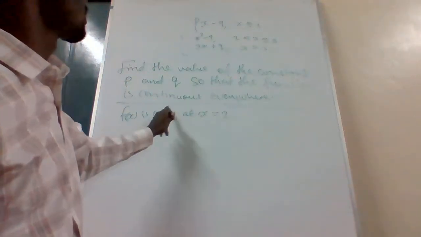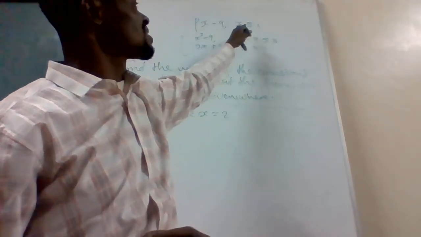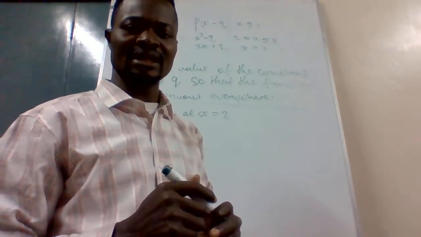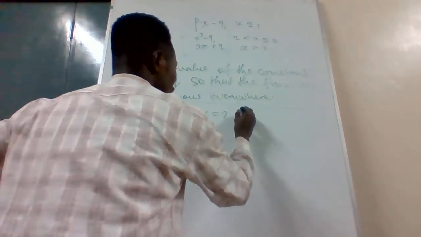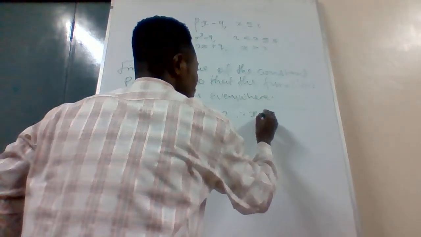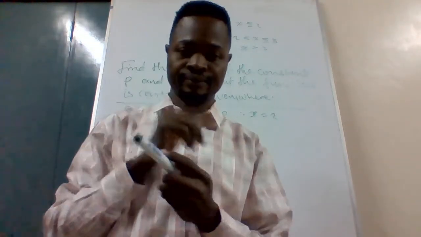Because when you say that a function is continuous at x less than or equal to 2, it means that x is equal to 2. That is step one.